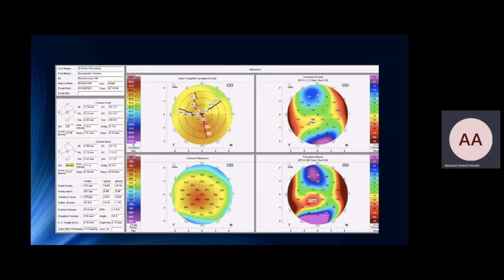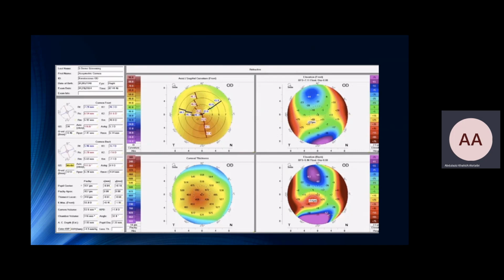We have for reading 48.0 and 54.8. This is the difference between superior and inferior. So there are findings of inferior steepening that is asymmetrical compared to the superior, and it looks suspicious to me of ectatic disease. More than 1.5.